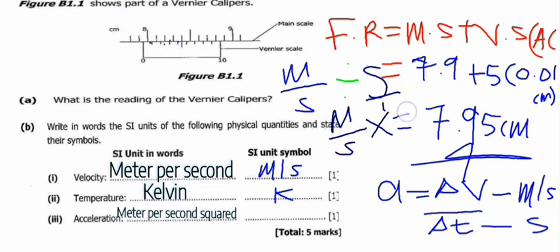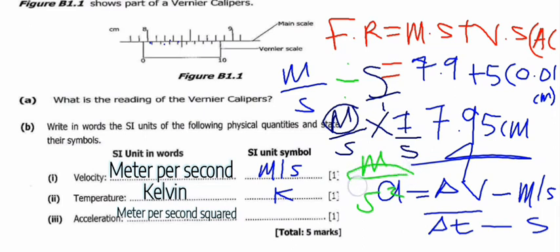So on top I'm going to have 1, then down here I'm going to have s. So m multiplied by 1, we get m, and s multiplied by s, we get s squared.